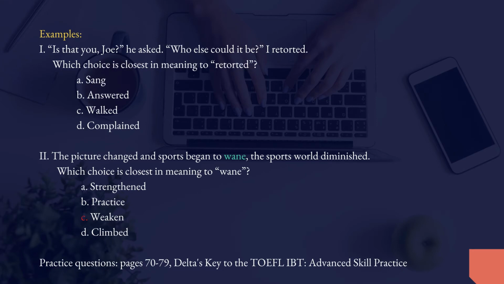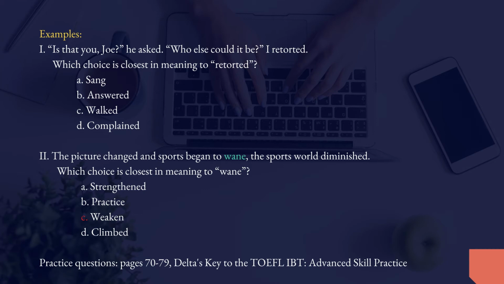That is choice C. And even if you don't know the meaning of diminish, by its prefix, you can understand that it has a negative meaning. Therefore, you can understand that the result is negative. And thus, you can come back to the first part of the sentence. You can look at the sentence and you will see the picture changed and sports began to, something negative happens. So you're looking for something negative.